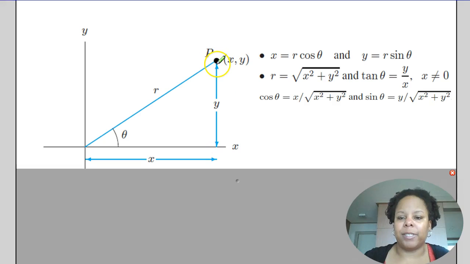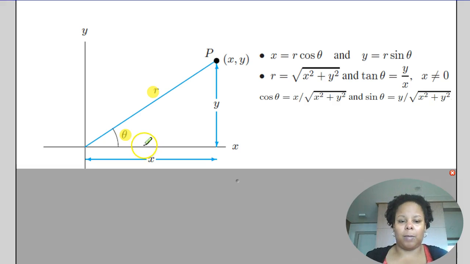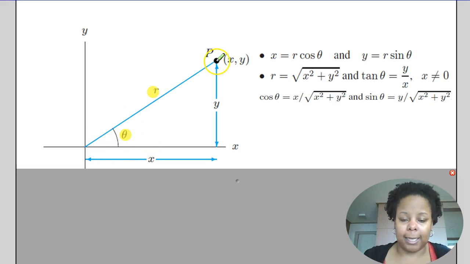But another way to represent it is to use r and theta, where r represents the distance from the origin to that point, and theta represents the counterclockwise angle that the line segment makes with the x-axis.